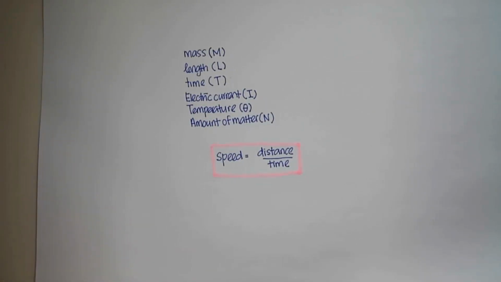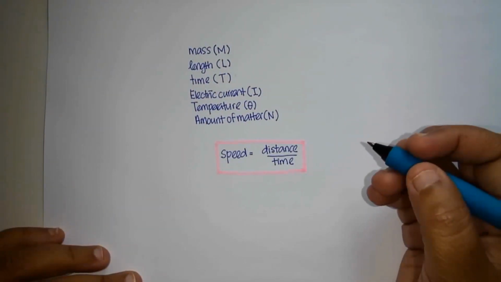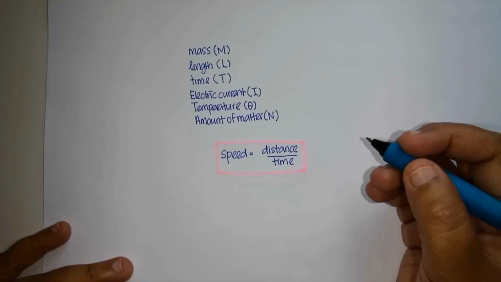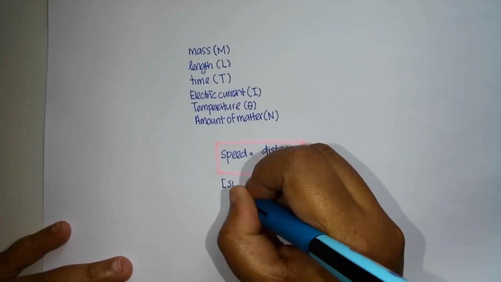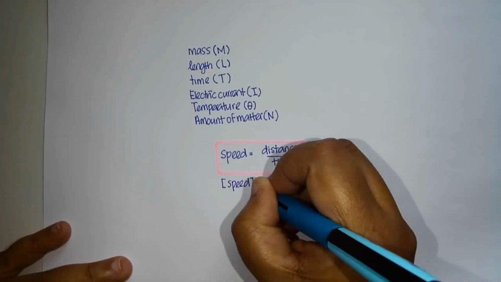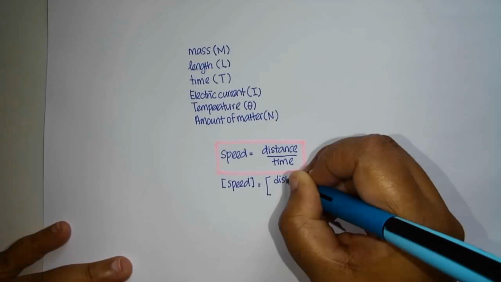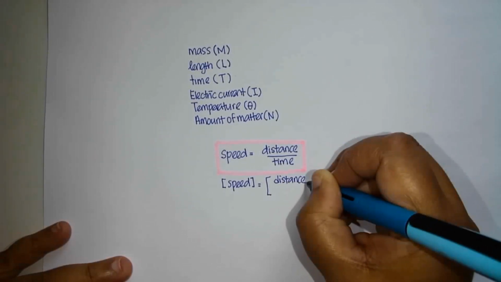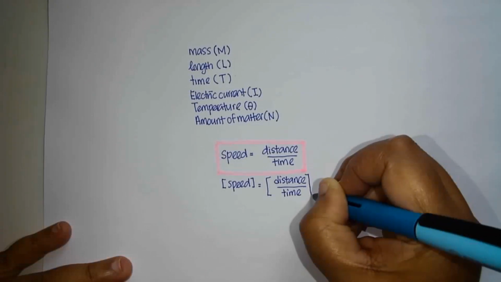The next process is the process of dimension. The symbol for the dimension of a physical quantity is written with a bracket like this. So when I write like this, then I know that I want to do the dimension process. My next step is distance over time.